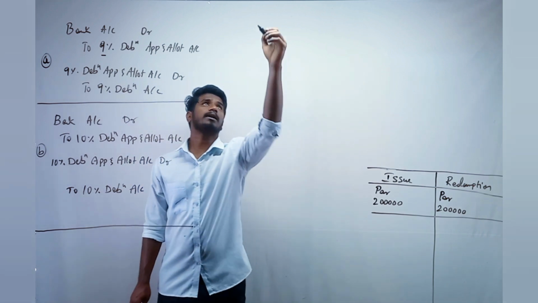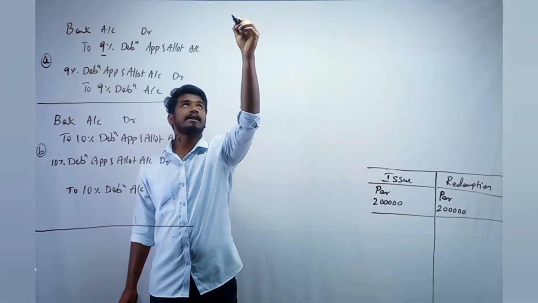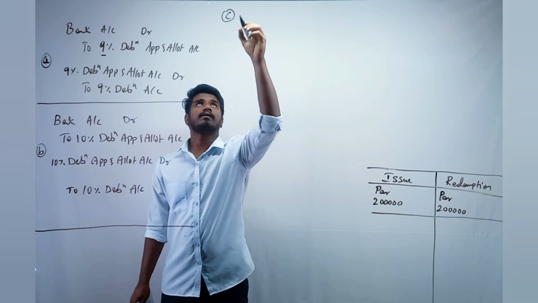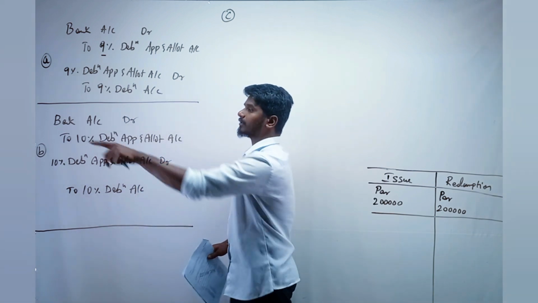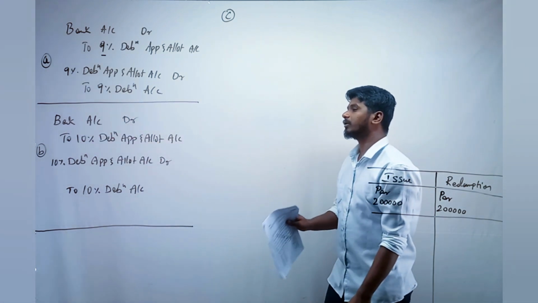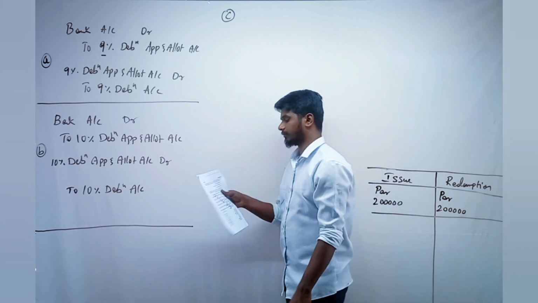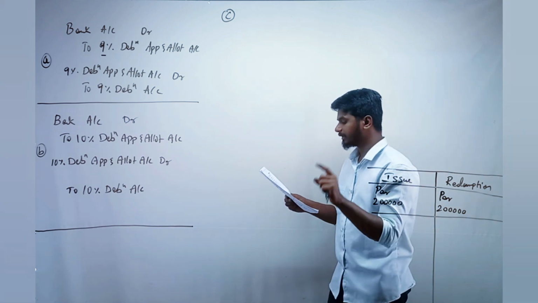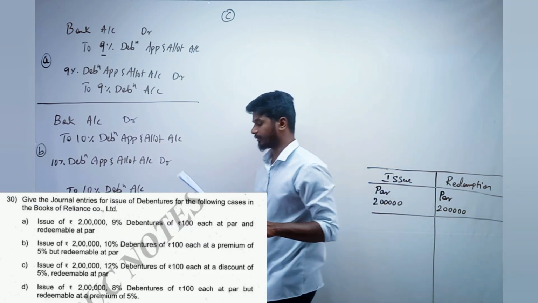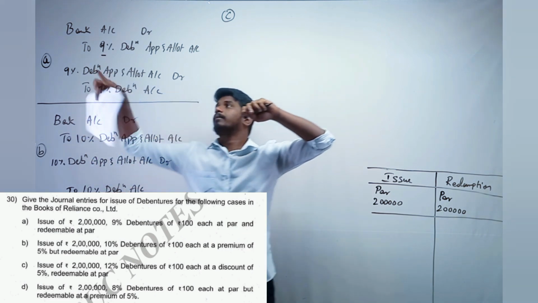Right, third one, that is C, correct? Just copy paste bank account debit. Next, what is the percentage of debenture? It is 12%. Just copy paste that here.